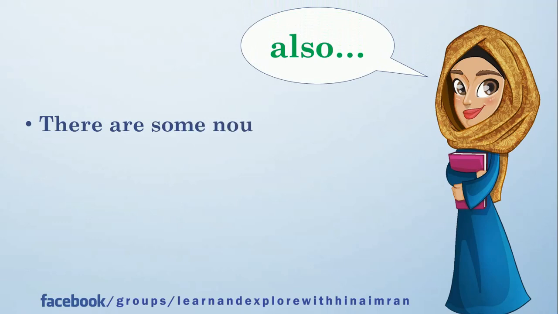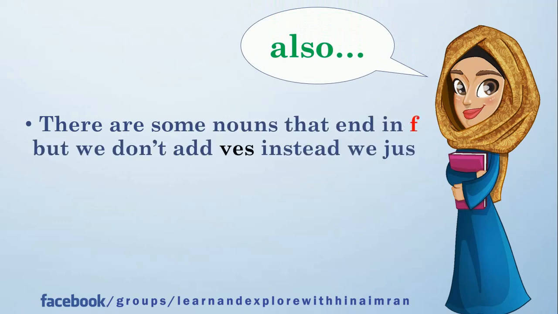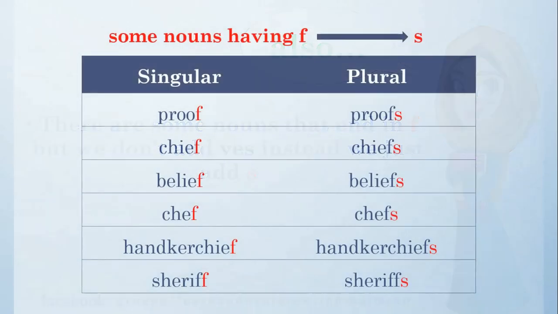Also, there are some nouns that end in F, but we don't add VES. Instead, we just add S. So, there are words that end with F, we will only add S. Proof, proofs. Chief, chiefs.